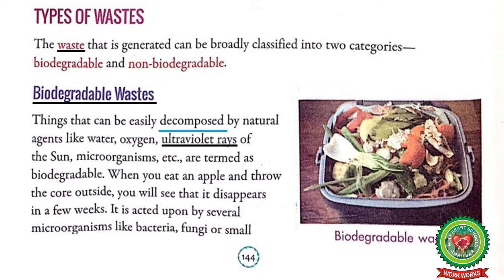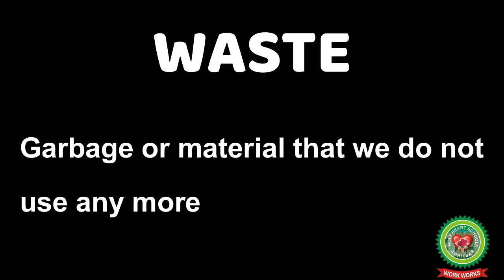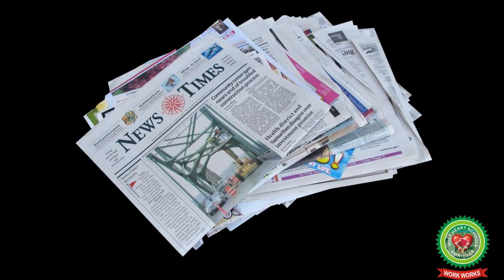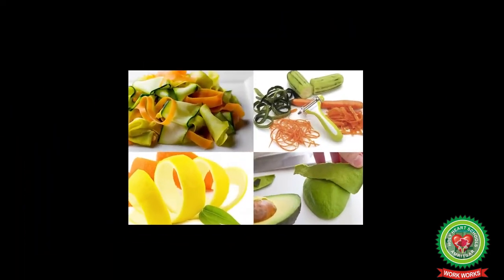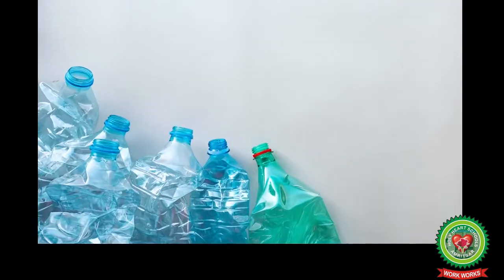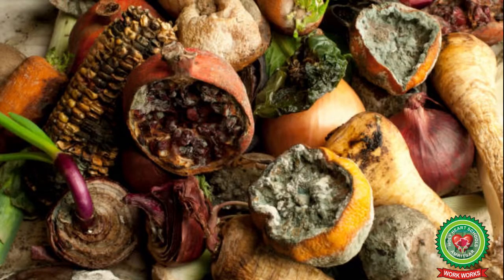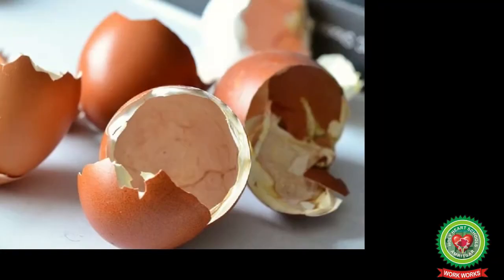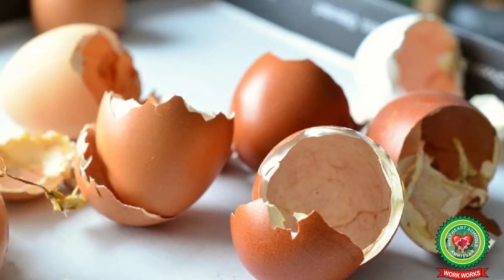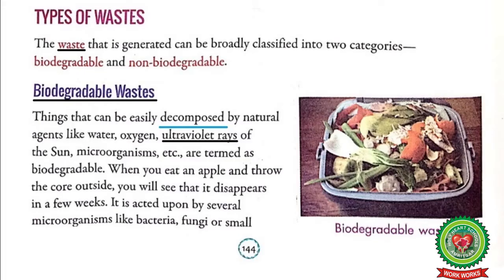So students, waste means garbage or material that we do not use anymore, like old newspapers, vegetable peels, plastic bottles, rotten fruits, eggshells, etc., which we throw as garbage, is known as waste.